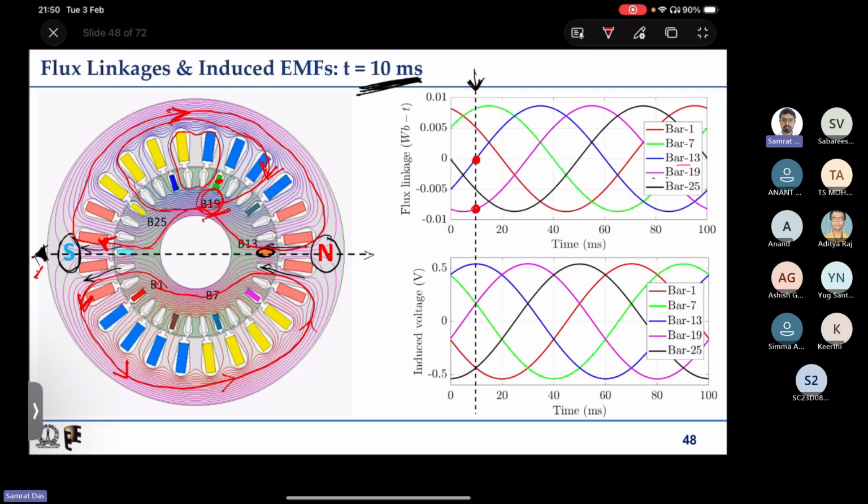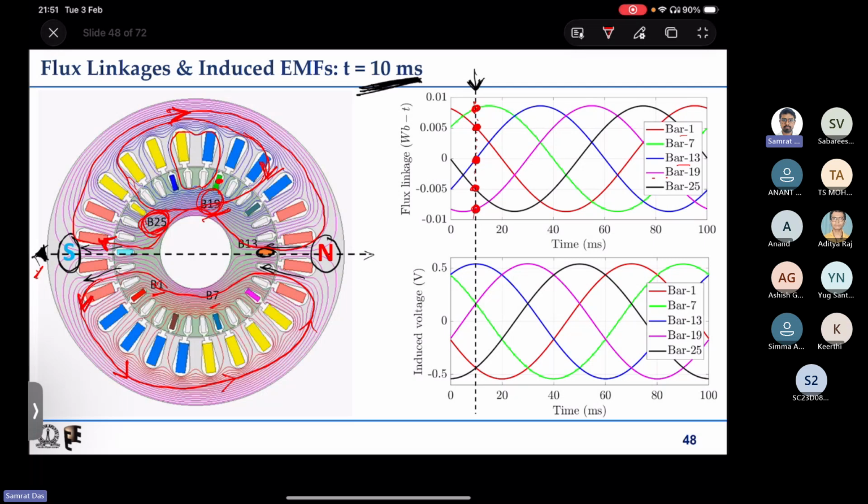So all these bars, like bar 7, bar 1, are having positive flux linkage because some flux lines are linking them in the anti-clockwise direction. So they should have positive flux linkage. That is what you can see. Bar 1, that is here, is having some positive flux linkage. Bar 7 is also having some positive flux linkage, and the black one, that is B25, is here on top, so B25 is having some negative flux linkage. So all bars in between are having flux linkage on this line.